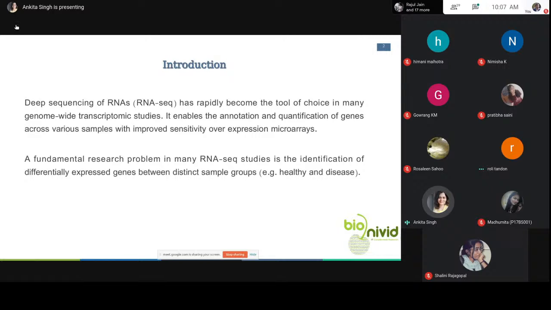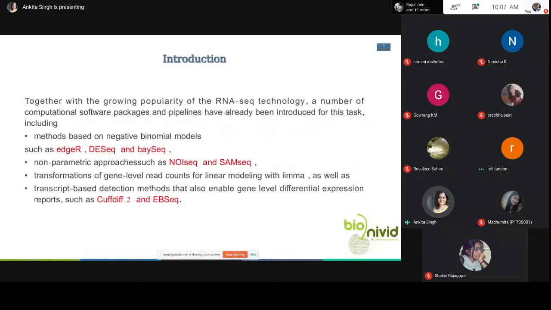Because of the so much popularity of RNA-seq technology, you have a lot of different methods which have lately come up for performing differential gene expression.